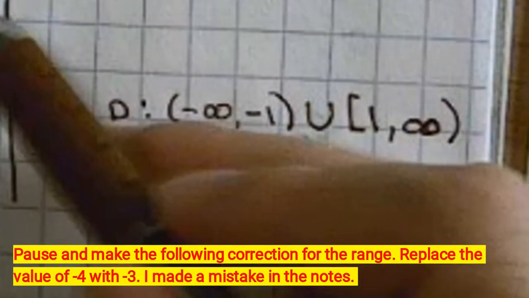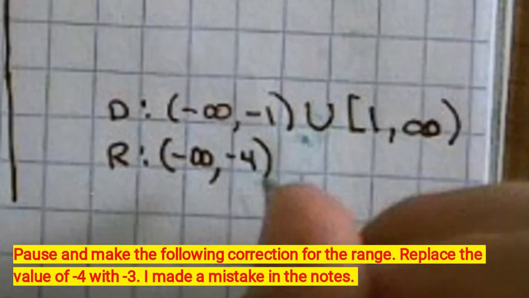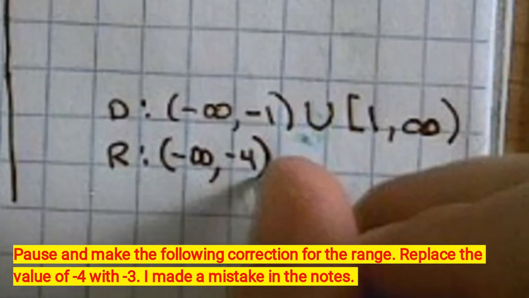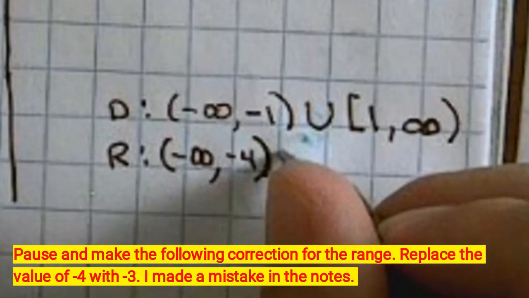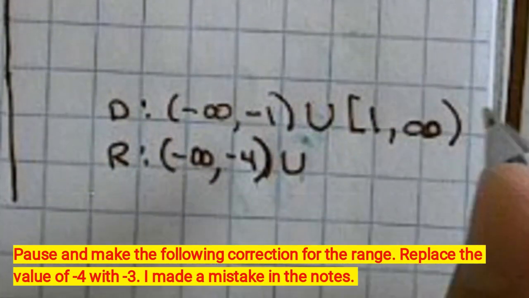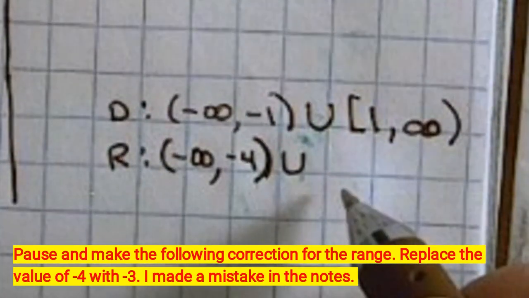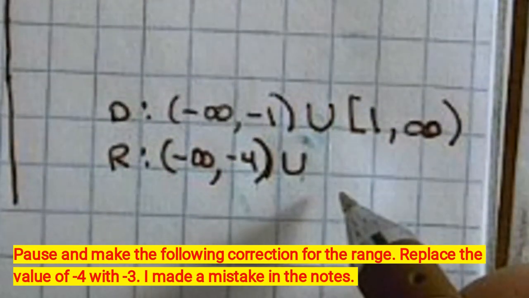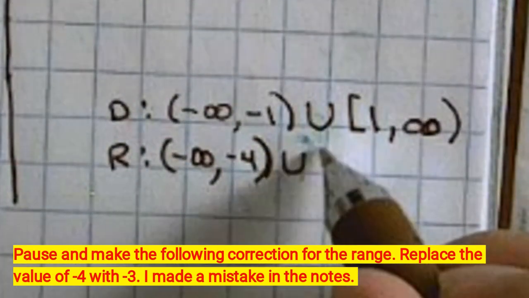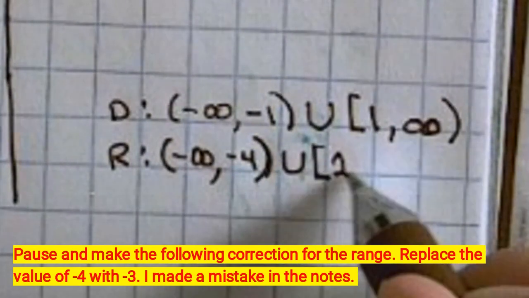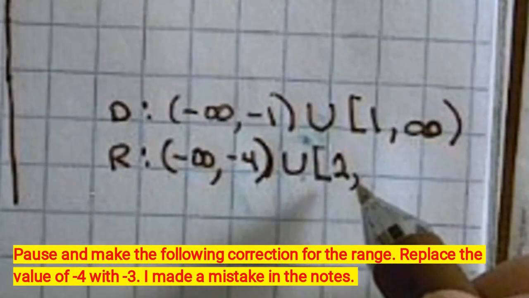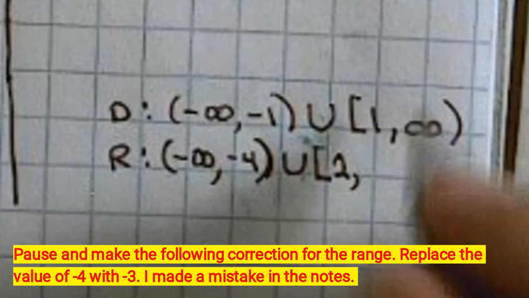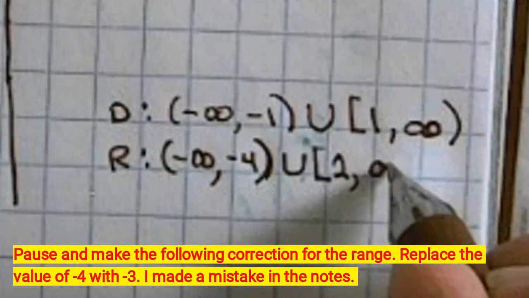See, because we've got that open dot, it's exclusive, so we use that parenthesis. Union, because they don't intersect. And then here, we have starting from y equal to 2, and it includes the 2, and the y value keeps going up into positive infinity.